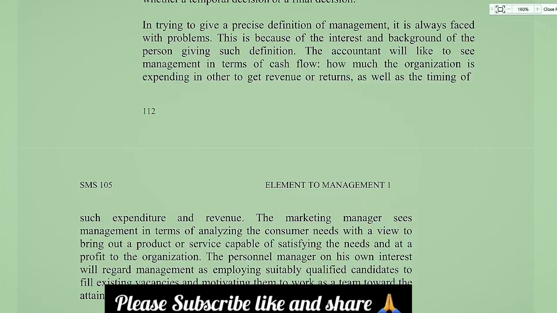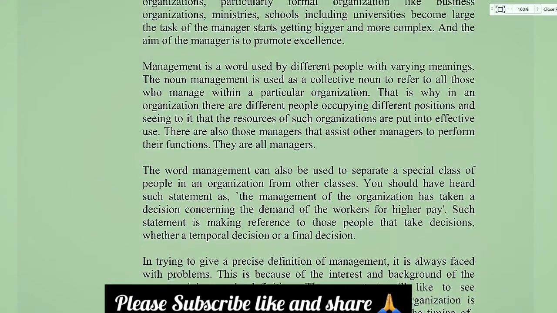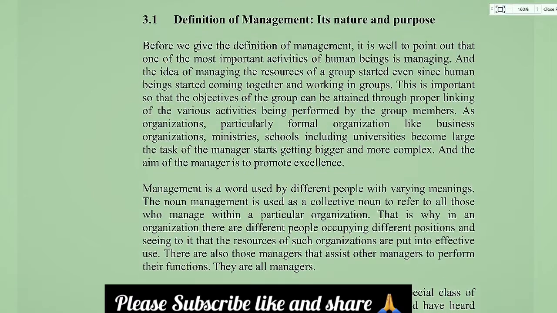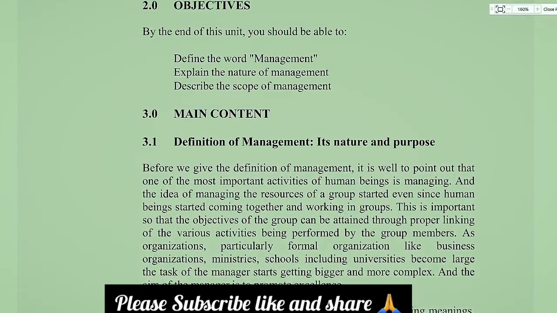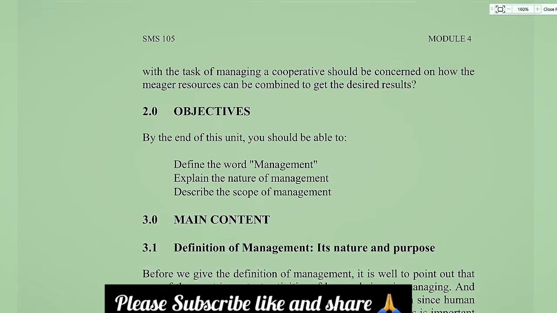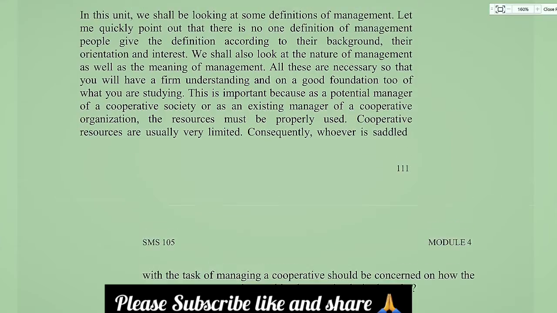So we have over here unit 1 of module 1.